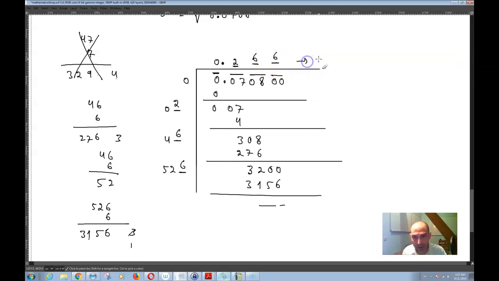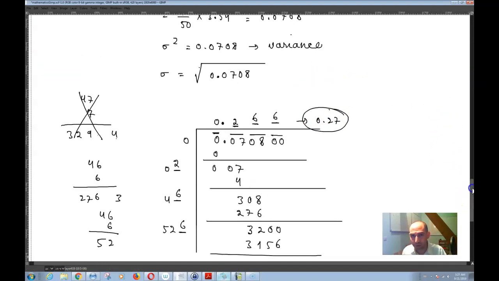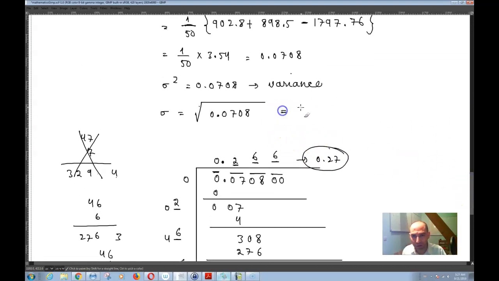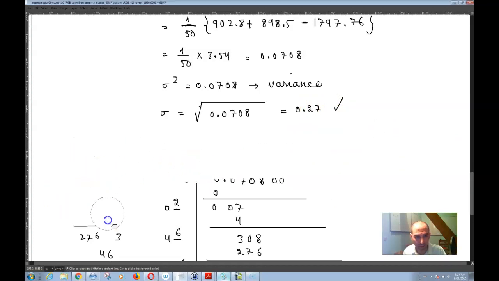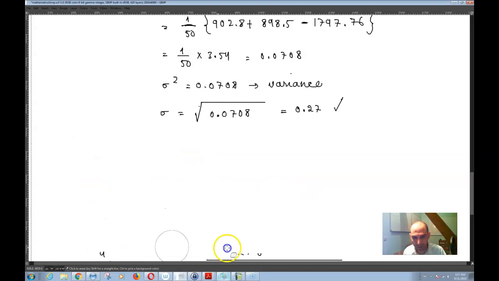So I take this as 0.27. So the standard deviation is 0.27. So that's basically the standard deviation related to x. So I call it sigma of x.